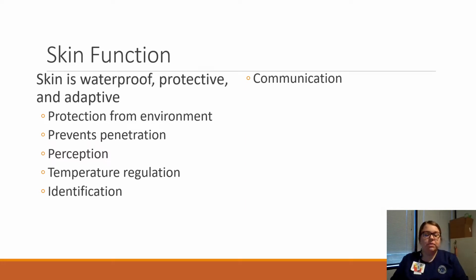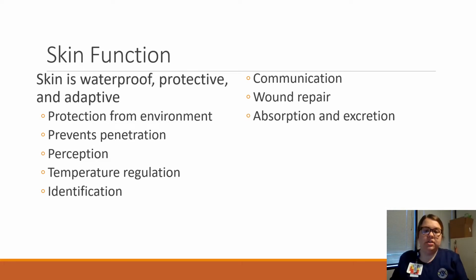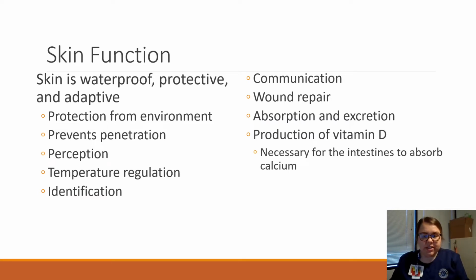So if someone's having an irritation or if they're embarrassed, they may be a little blushed. I can identify someone from their skin color and their skin tone. There's wound repair. That's a good function. Absorption and excretion, and the production of vitamin D. It's necessary for the intestines to have vitamin D to help absorb calcium.